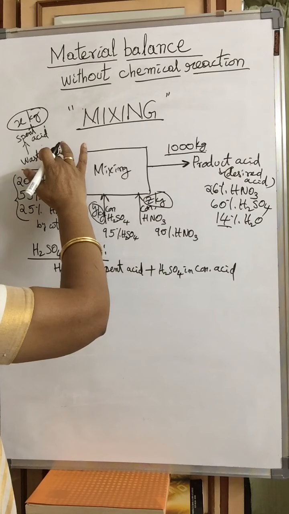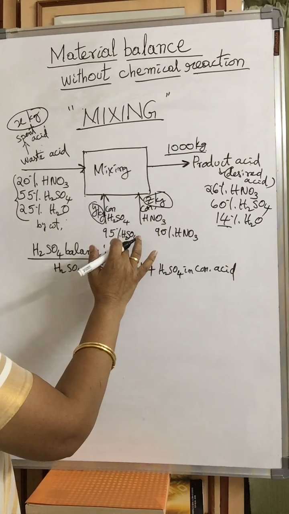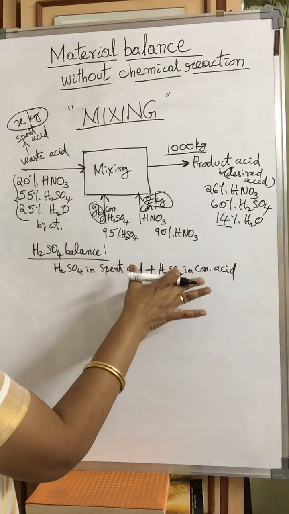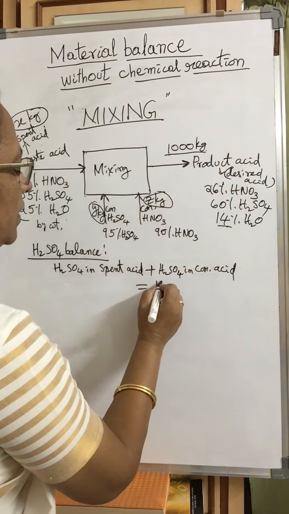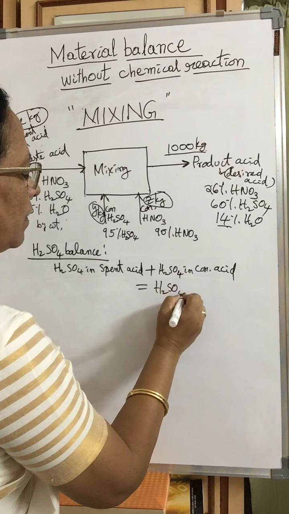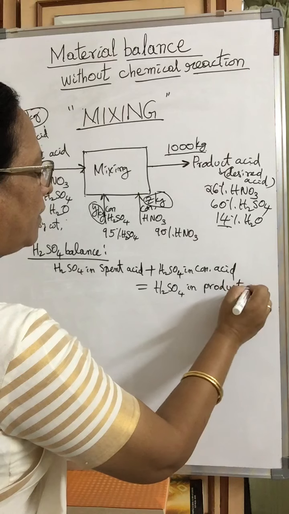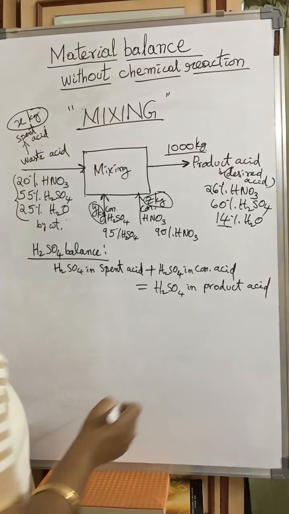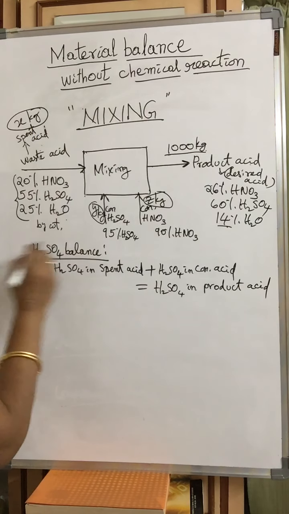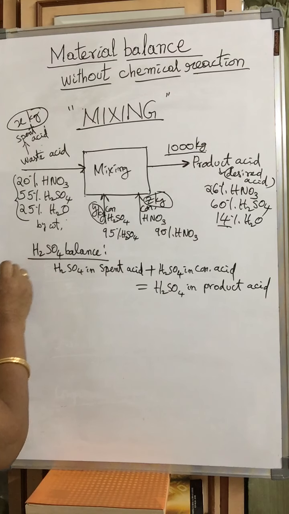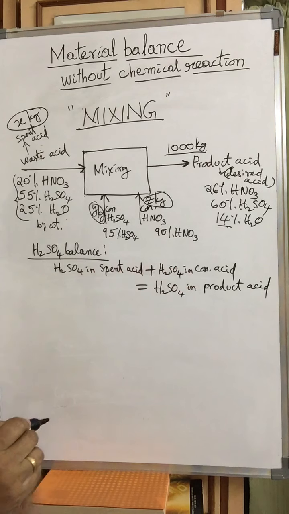So H2SO4 here plus H2SO4 here must be equal to, total input equal to output, that is H2SO4 in product acid. This is the material balance for H2SO4.